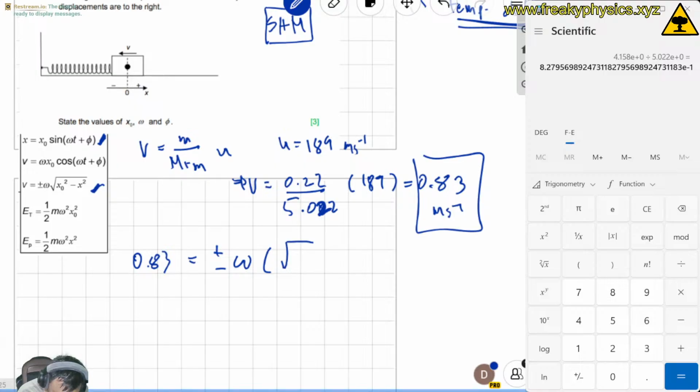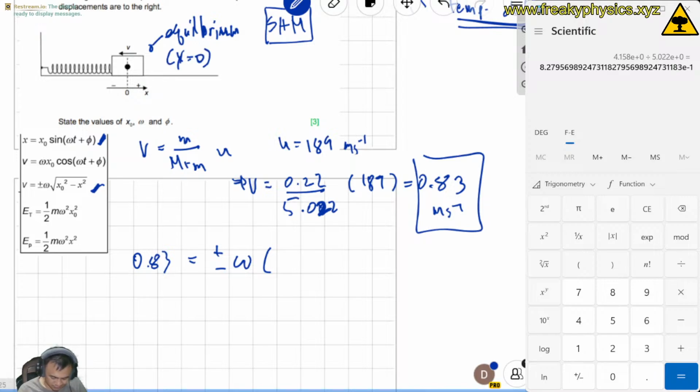x0 is our, okay, in this case, this is the maximum. This is at equilibrium, right? Equilibrium position. So this is the trick now. Because this is in equilibrium position, x equals 0.